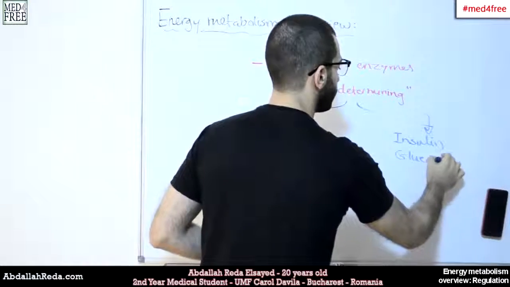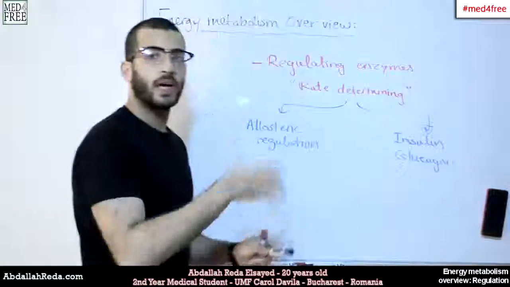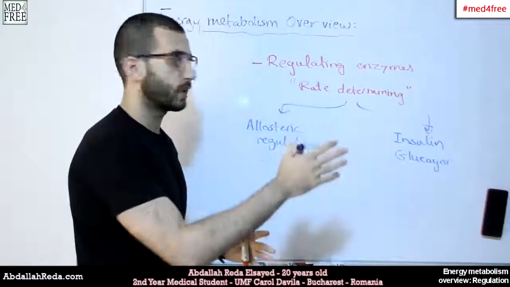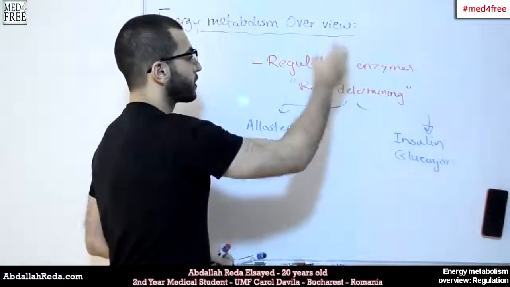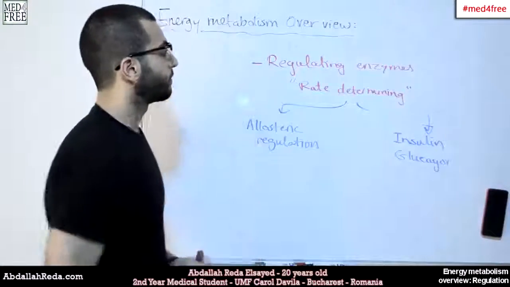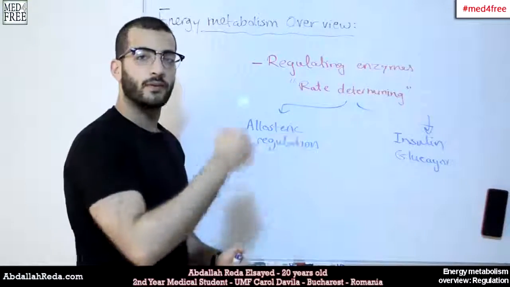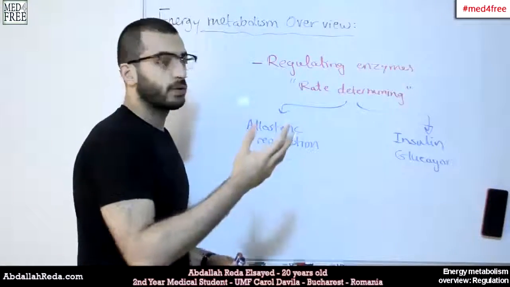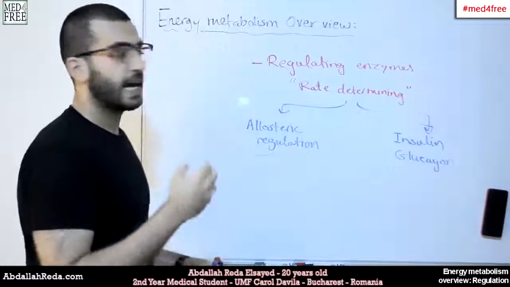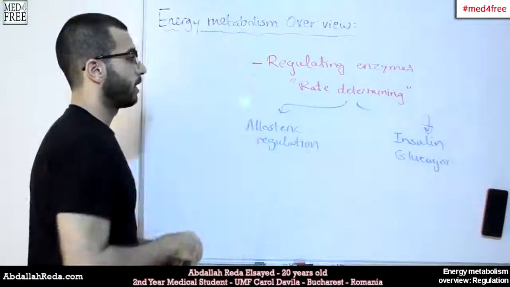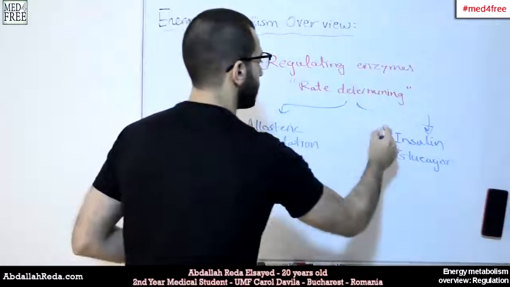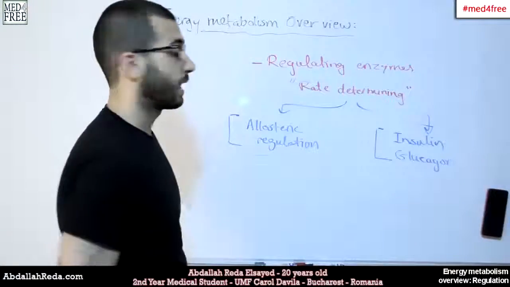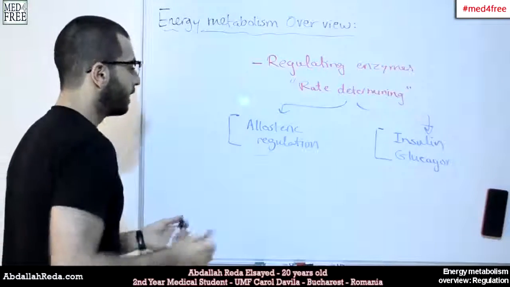Insulin and glucagon can induce the phosphorylation, dephosphorylation of these enzymes. So this is direct interaction with the structure of the enzyme itself. So it phosphorylates or dephosphorylates the enzyme, and depending on each enzyme, the phosphorylation could actually activate or deactivate the enzyme, and we will talk about this later. So we have these two kinds of regulation for the rate determining enzymes.